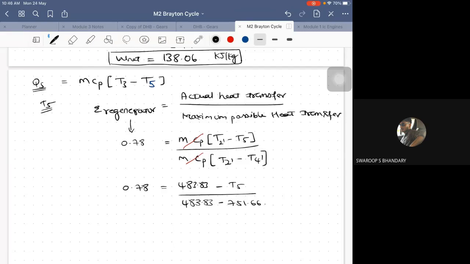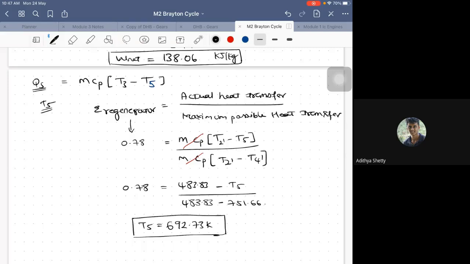Just check the value. If the value is right, you can go with this, or else you may have to reverse this. Okay, let us see. What is the value of T5? 692.73. Okay, acceptable. 692.73 Kelvin is the value of T5.